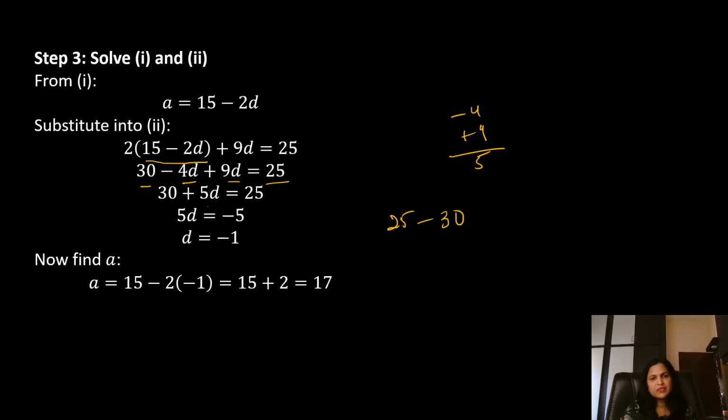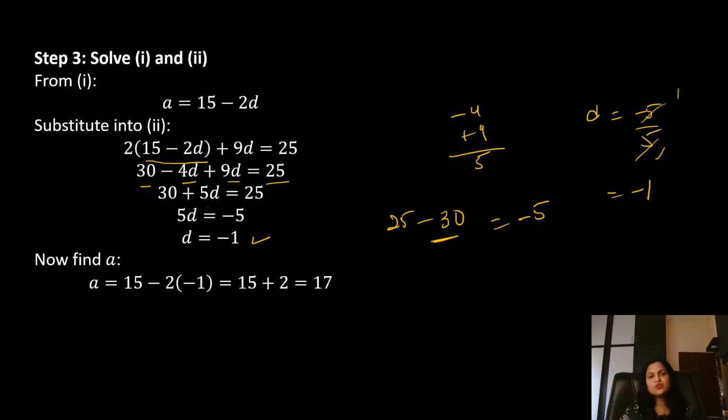5d equal to 25 minus 30. Because when the sign changes on crossing over, 30 becomes minus 30. 30 minus 25 is 5, the bigger one has the negative sign, so minus 5. 5d equal to minus 5, then d equal to minus 5 by 5, which is minus 1. D equal to minus 1.